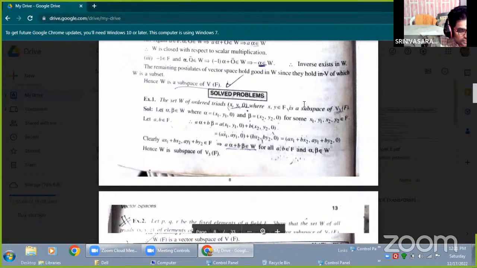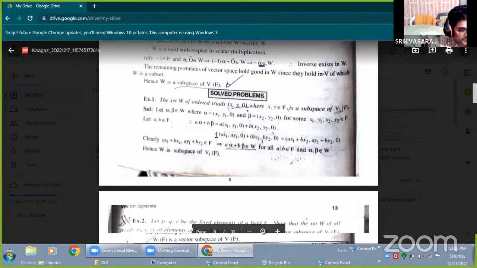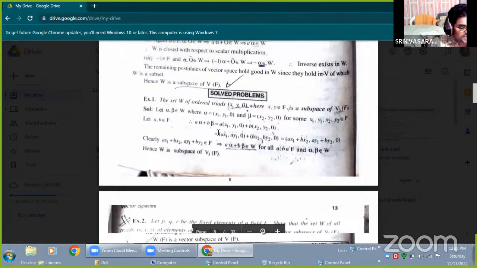Now we must prove that the triad point is a subspace. Subspace means that the direct condition is a alpha plus b beta, that is ax1, ay1, a0 which is 0, plus bx2, by2 and 0. Therefore, this is ax1 plus bx2, ay1 plus by2, and 0.